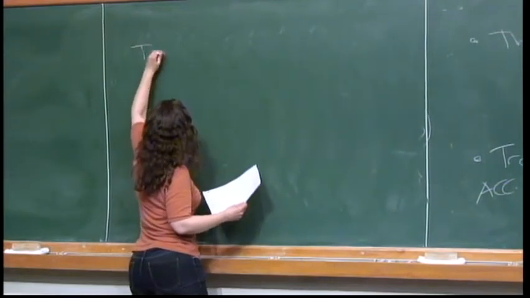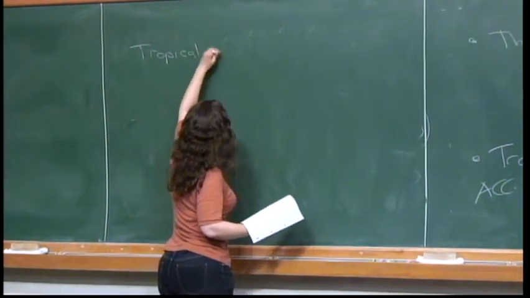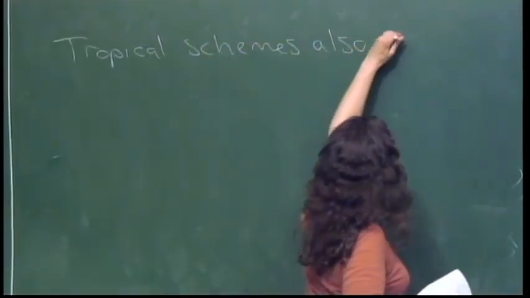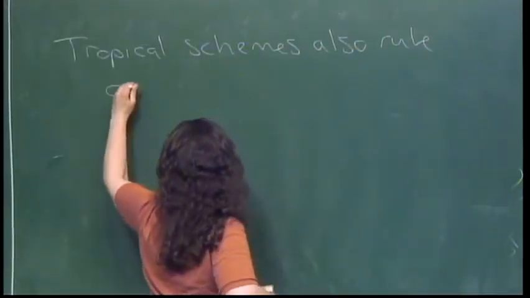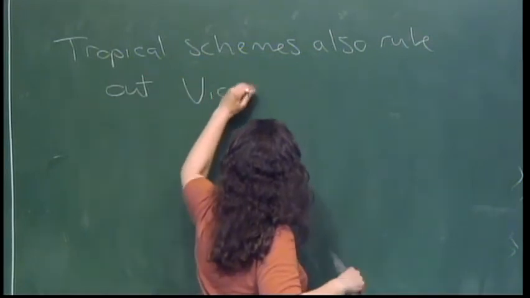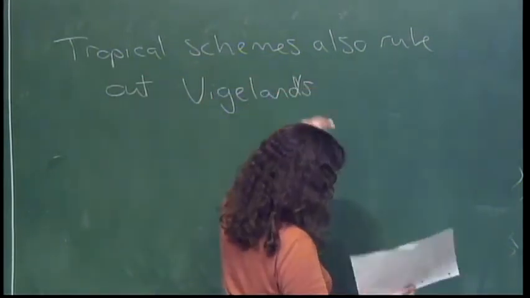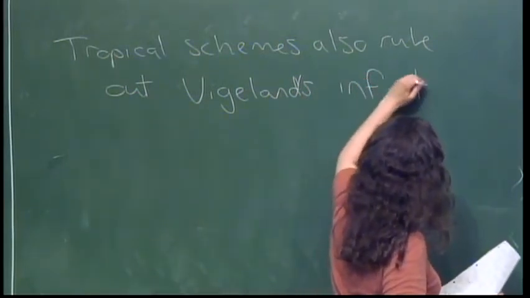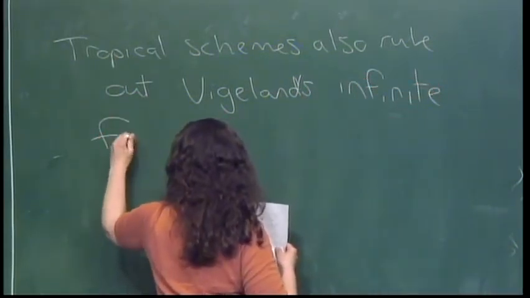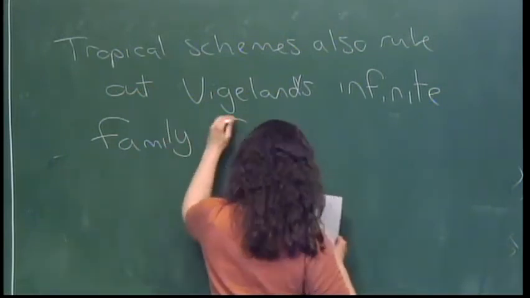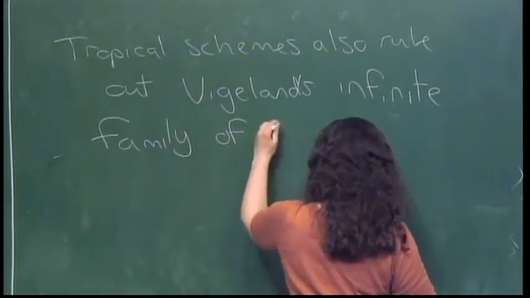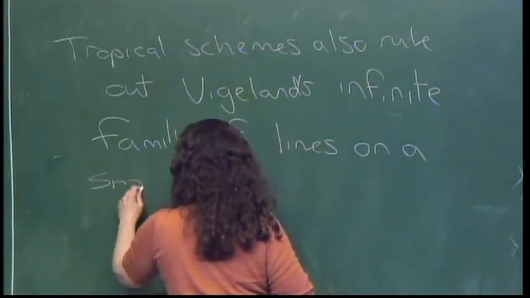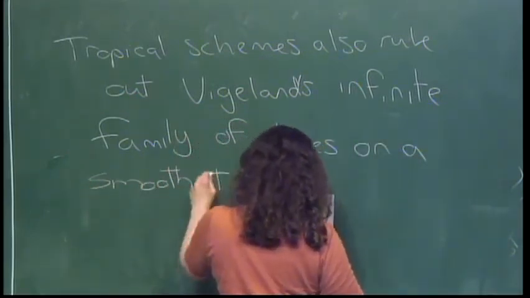So tropical schemes also rule out Vigeland's infinite family of lines on a smooth tropical surface.